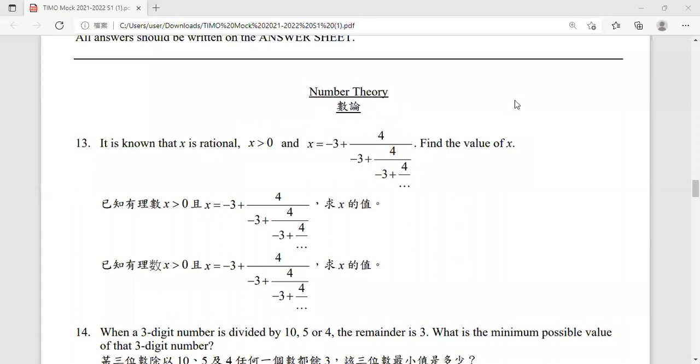Let's start now. Because it continues indefinitely, you can make something like this. You can treat this as x.